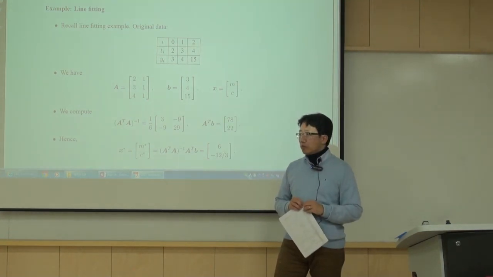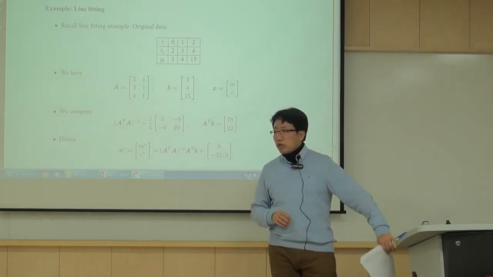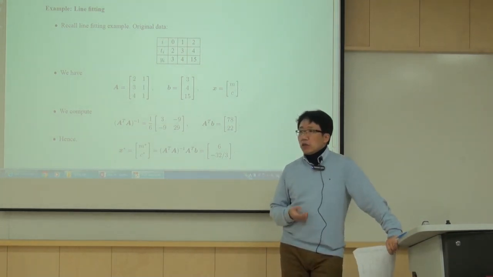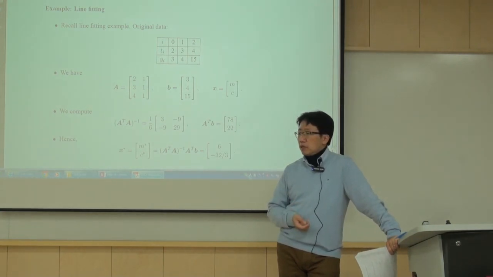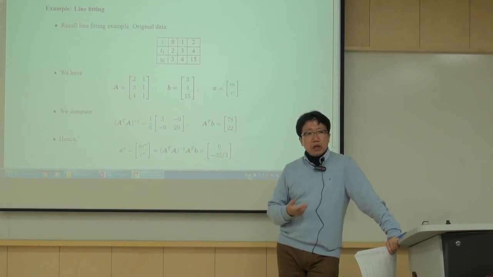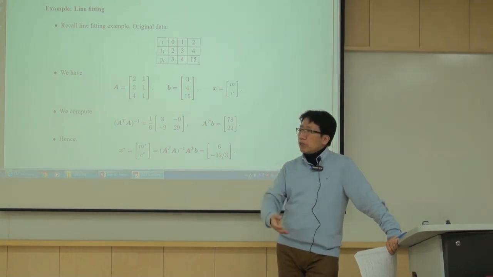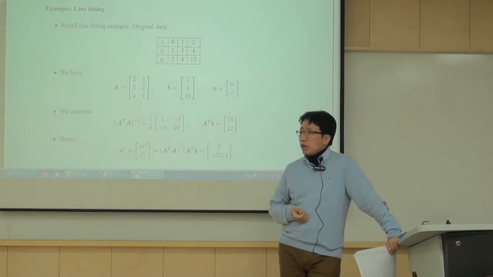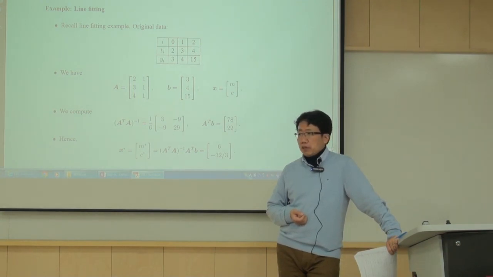Now, what happens? Your Gramian matrix to be inverted is 20 by 20 or 40 by 40. Then, without this type of update formula, your computation may be too costly.